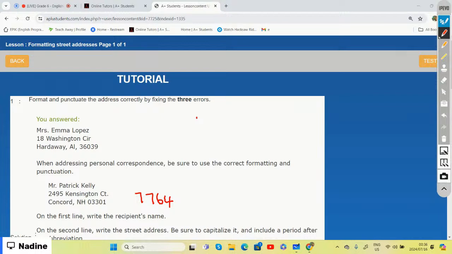Prabha is taking over the lesson today. So you do use a period, okay?